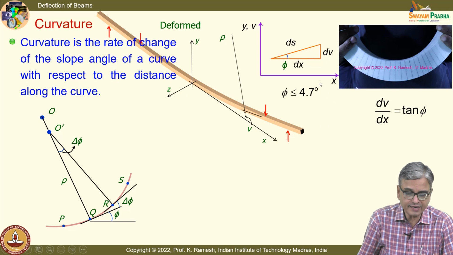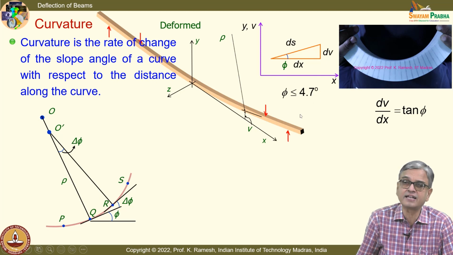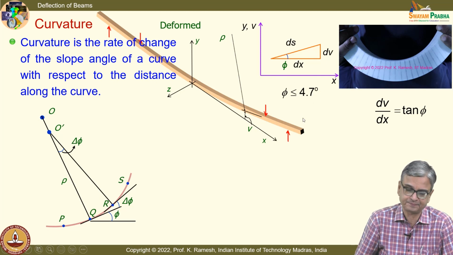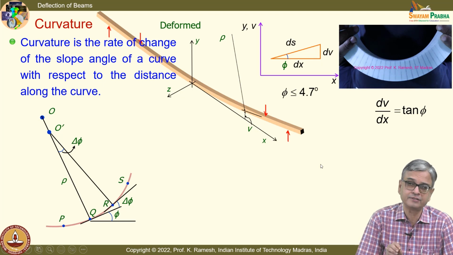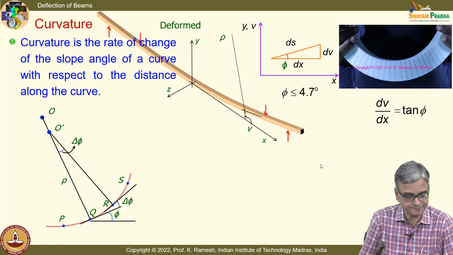These are all shown exaggerated for you to easily visualize. And it is also said whatever the discussion that we are going to do is valid if the angle phi is less than 4.7 degrees. You should not lose track, but whatever the deformation I show, they are all large deformation for you to comprehend the nature of deformation clearly.